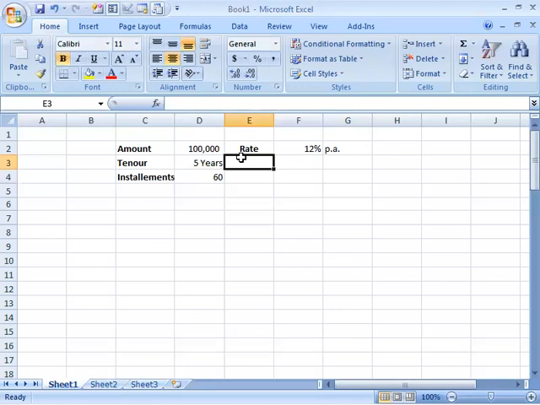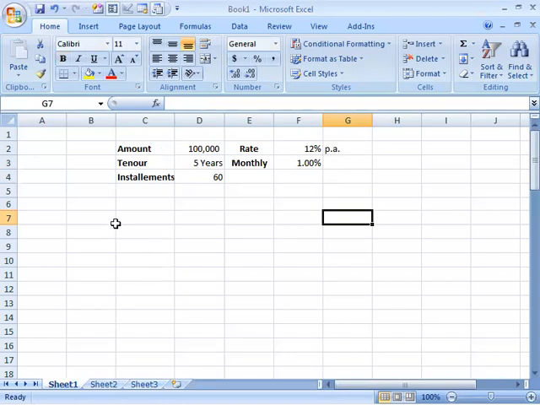So what would be the monthly rate? Simple, 12% divided by 12, it's 1%. So that's it, 1% monthly. Okay, so these are the loan details for which we want to prepare the amortization schedule.